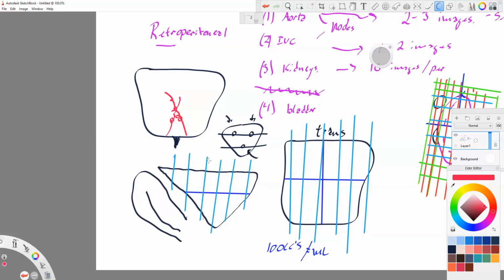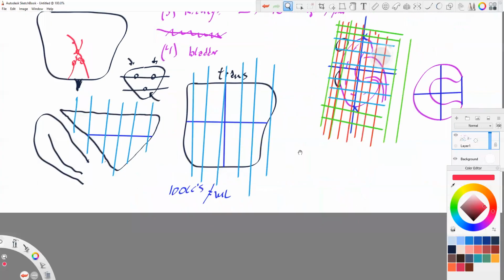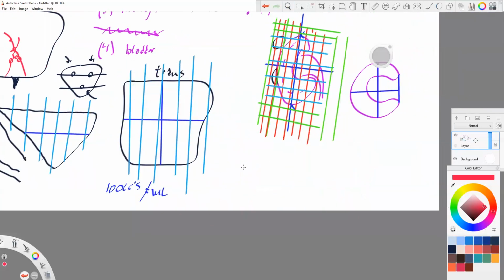But the other not so obvious reason is that, remember how these so-called valves of the bladder work. If I were to draw a ureter coming in underneath the bladder walls, something like that.